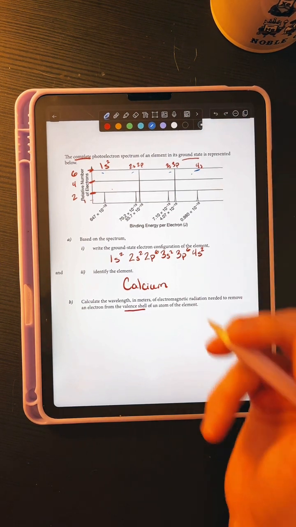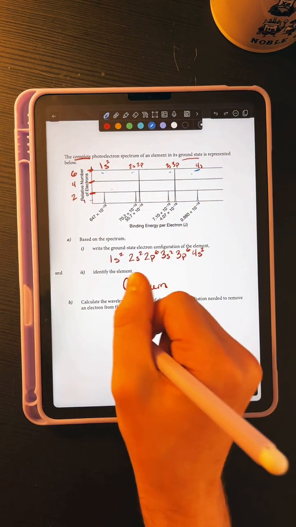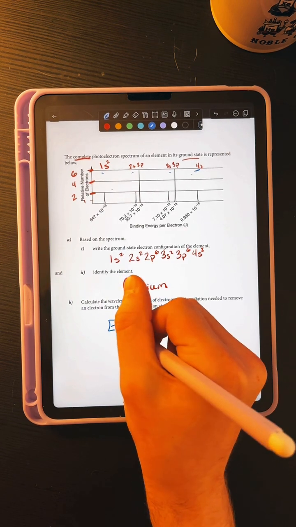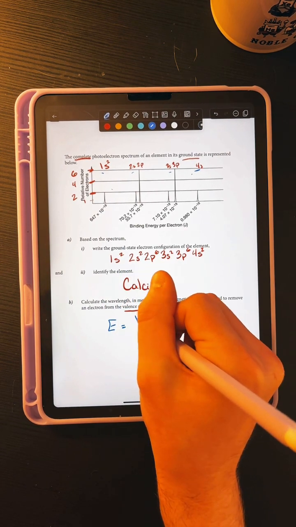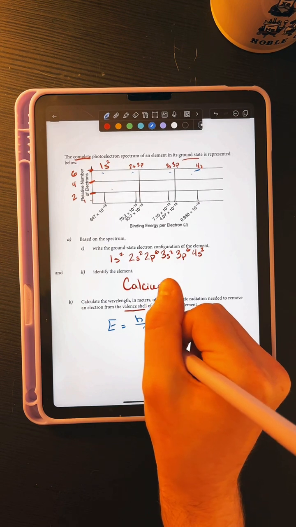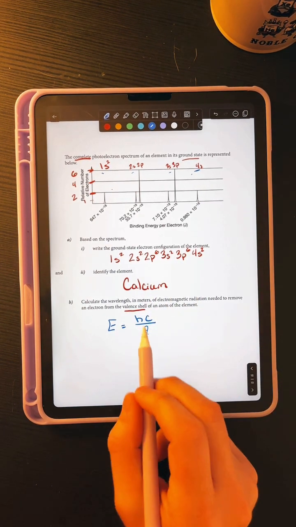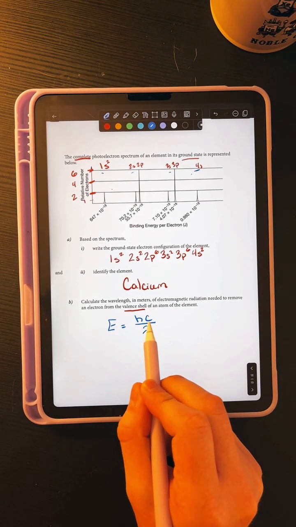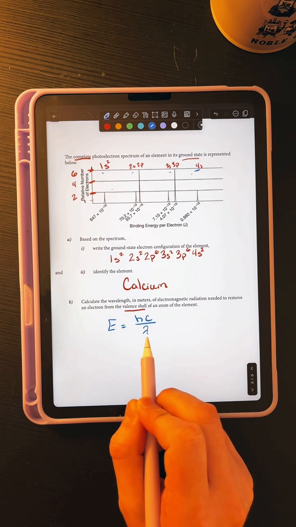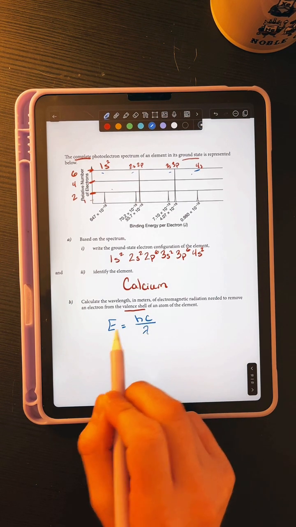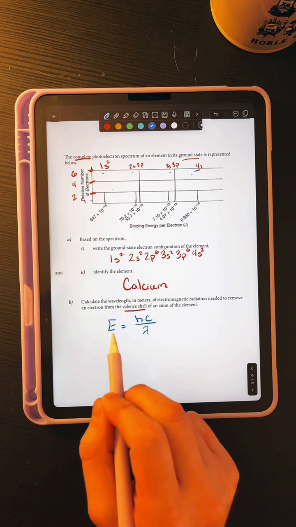Now, we're going to use the energy equation. Energy equals hc over lambda, where h is Planck's constant, c is the speed of light, lambda is our wavelength, and E is our energy.